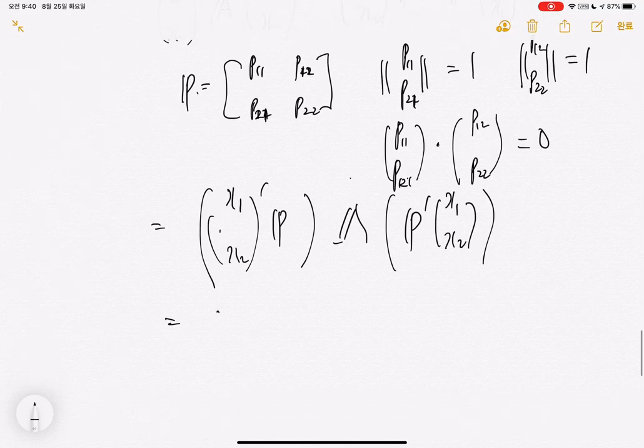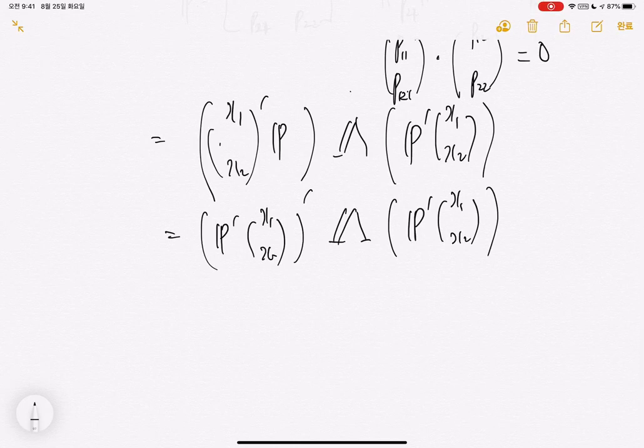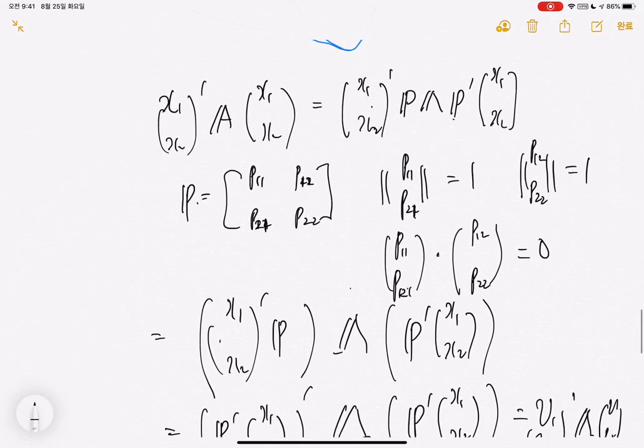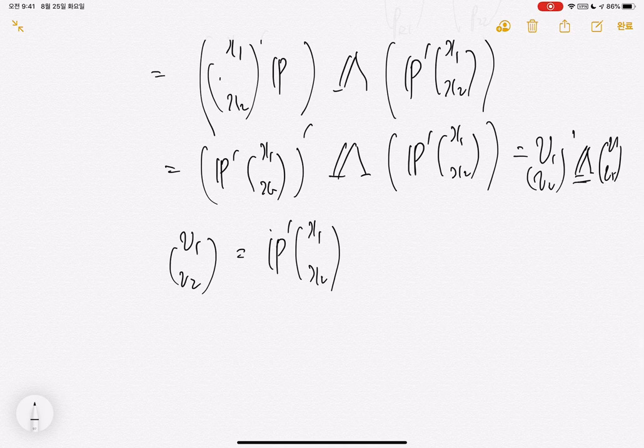And this is actually P prime x1, x2 prime lambda P prime x1, x2. Let's define v1, v2 as P prime x1, x2. Then this becomes v1, v2 prime lambda v1, v2. So now the quadratic form of matrix A becomes the quadratic form of matrix lambda for this vector v.